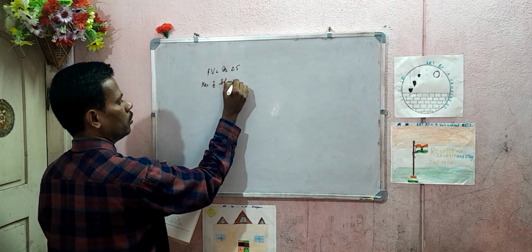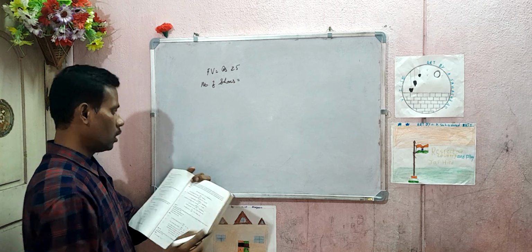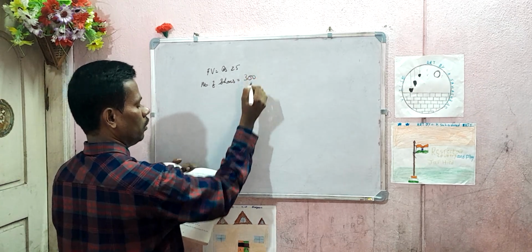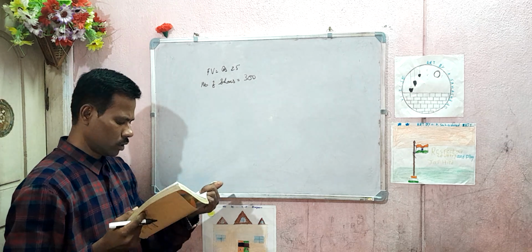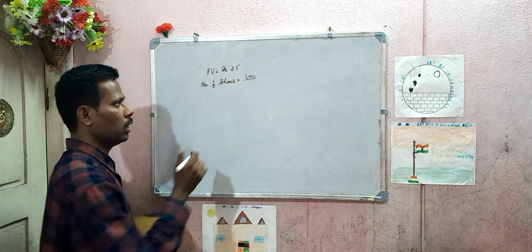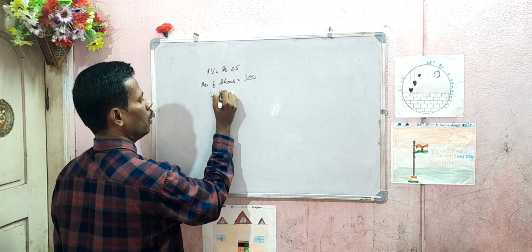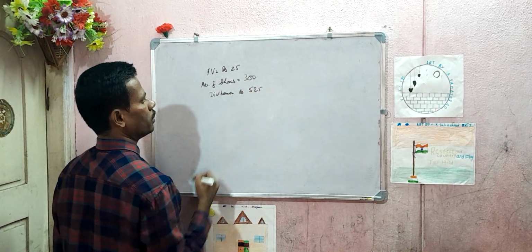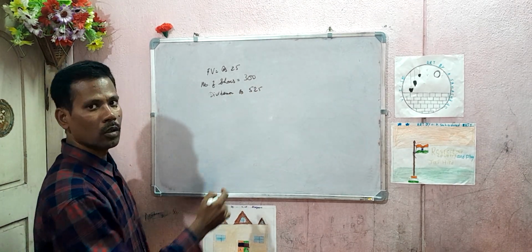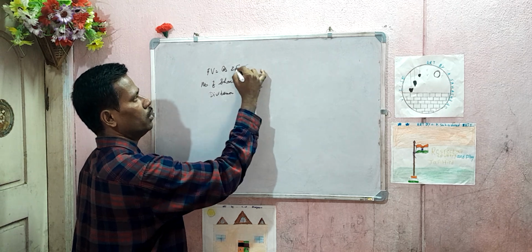Number of shares: how many shares did he purchase? 300. Next, a dividend of rupees 525 was received at the end of the year. Dividend, rupees 525. Now the face value of each share is 25.